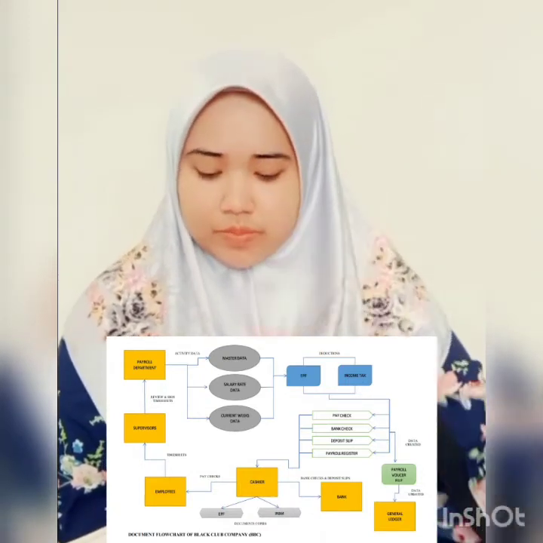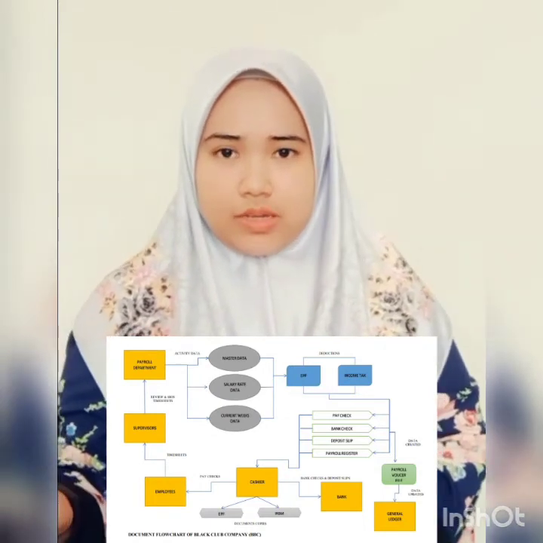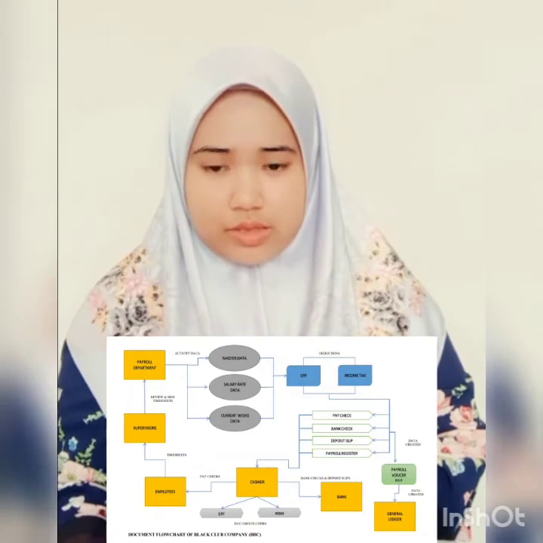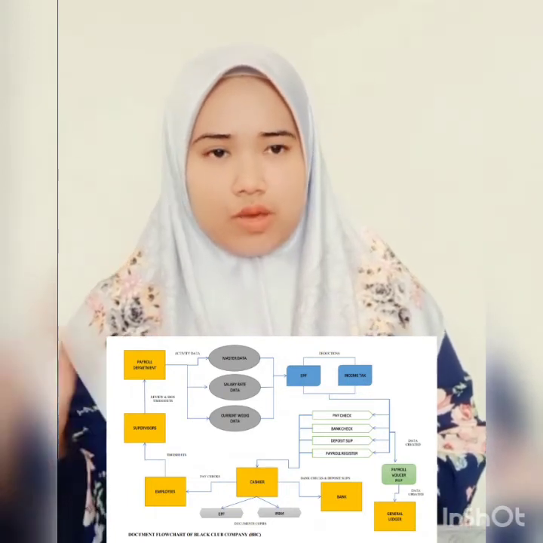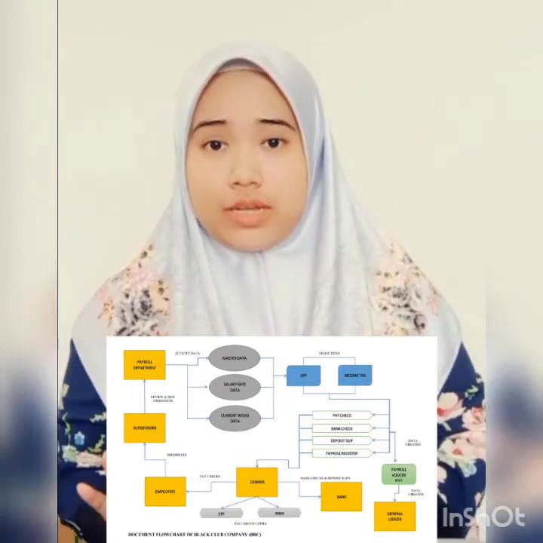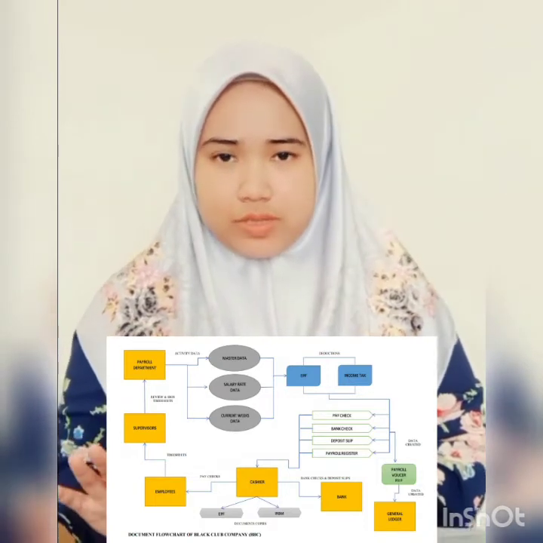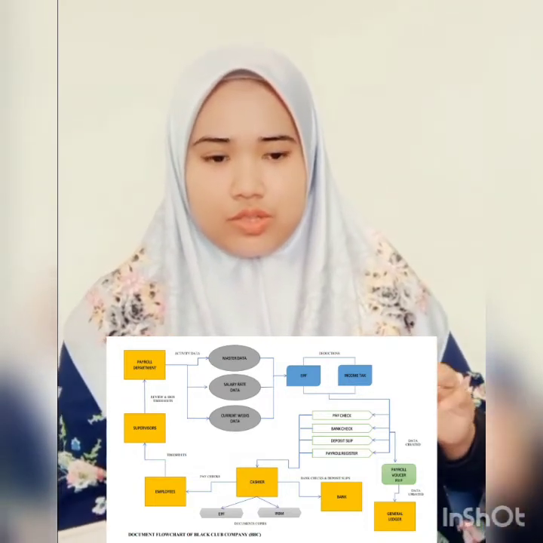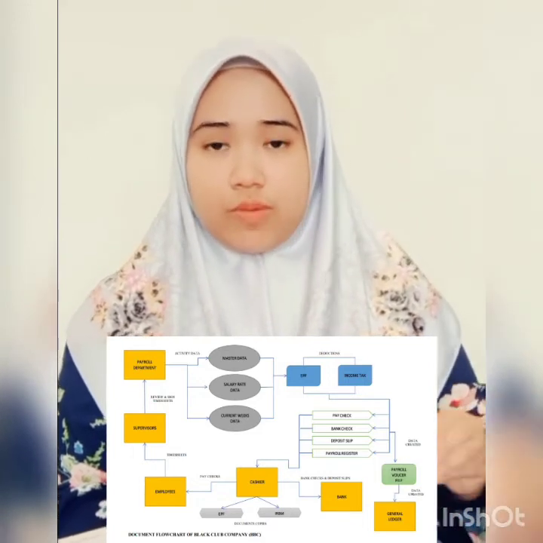At the end of the month, all the master data, salary rate data, and current week data will be combined and calculated automatically by the computer system, and then it will show the total salary of each employee.